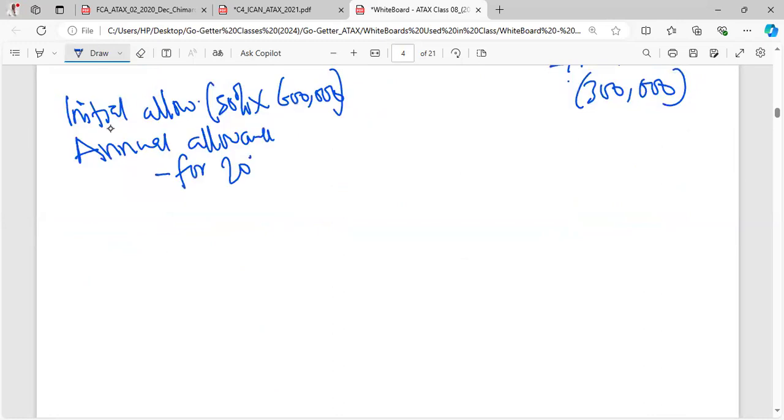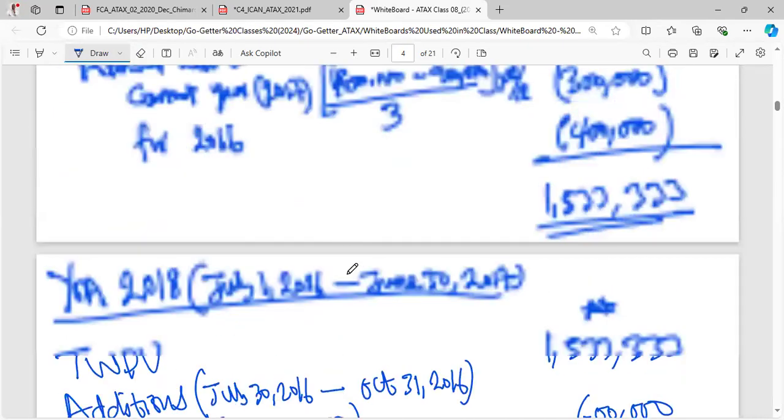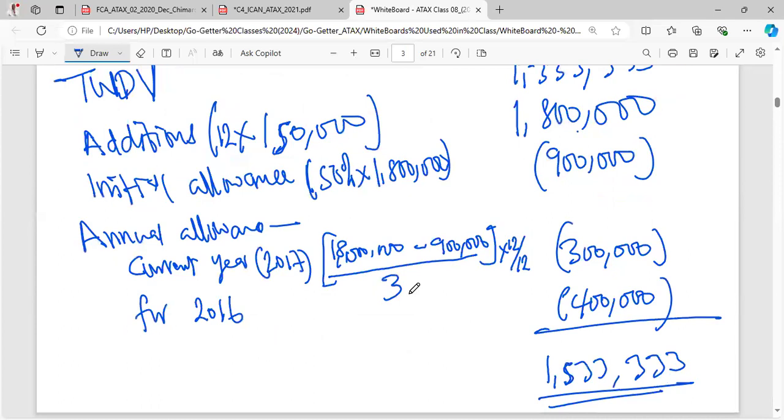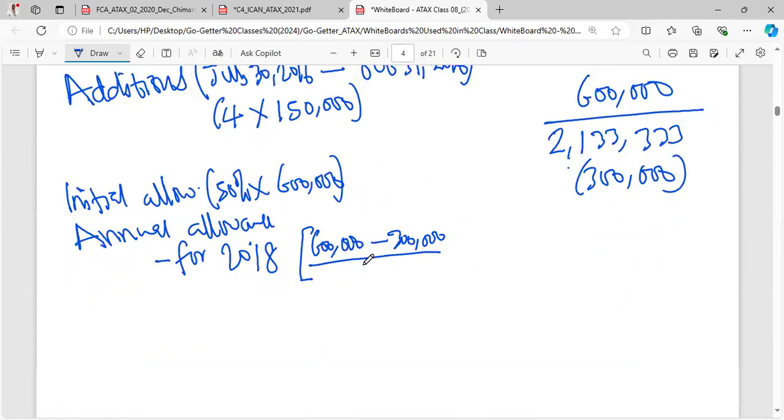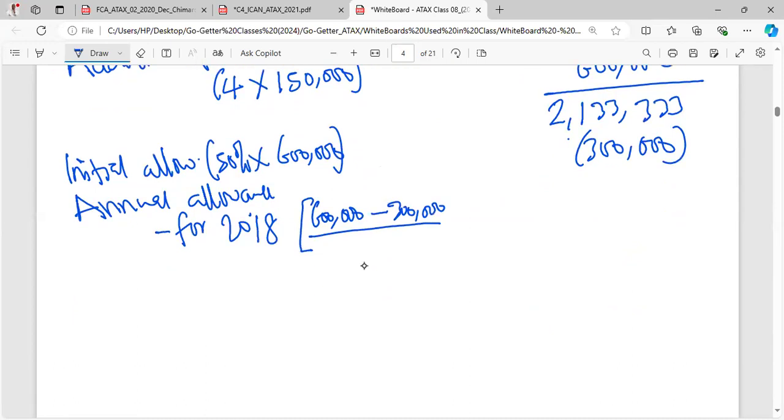For the 2018 year of assessment, it will be 600, which is the cost, minus the initial allowance, divided by the useful years. When we were doing this one, we said 3 years useful life remaining. Now this will be 2 years useful life remaining. Okay, 2 years.